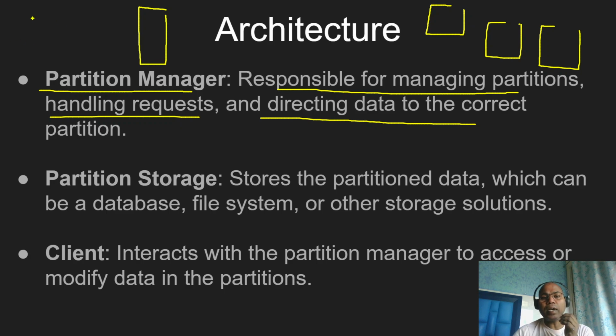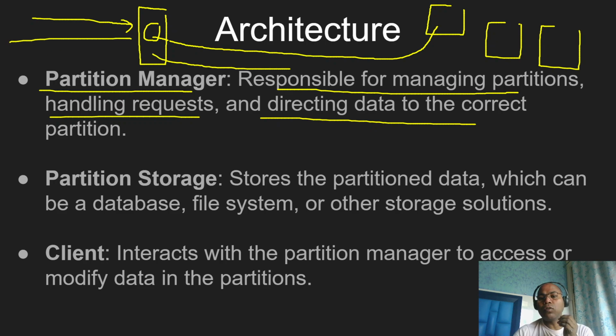Okay, any data comes, hey, this data comes. So the partition manager decides, hey, this data goes to this specific partition. A new request comes, okay, this data goes again to the same partition. Another new request comes, hey, this data goes to the next partition.